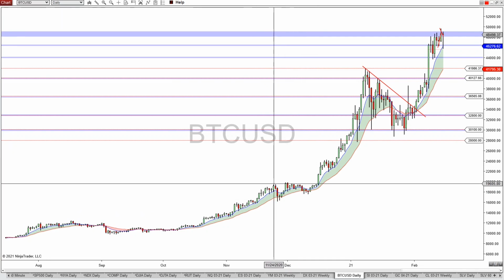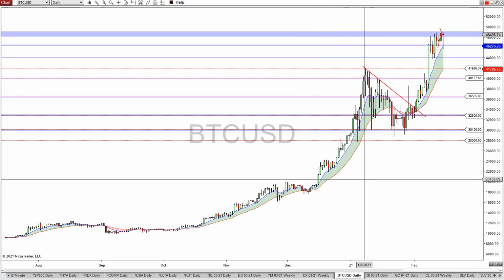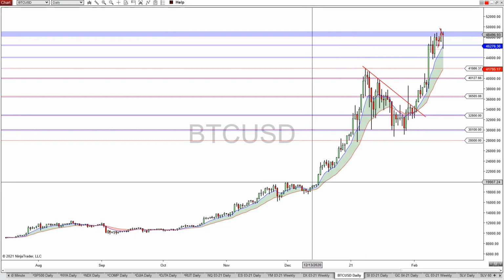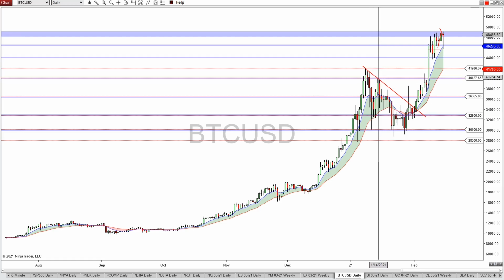Because from the end of December, basically the Thanksgiving time frame to mid-December, it broke this level and broke above the 20,000 level. Then from December to January, not even one month, it moved from 20,000 to 42,000.